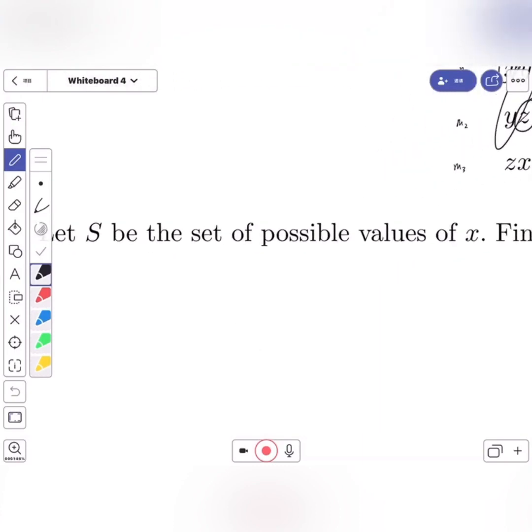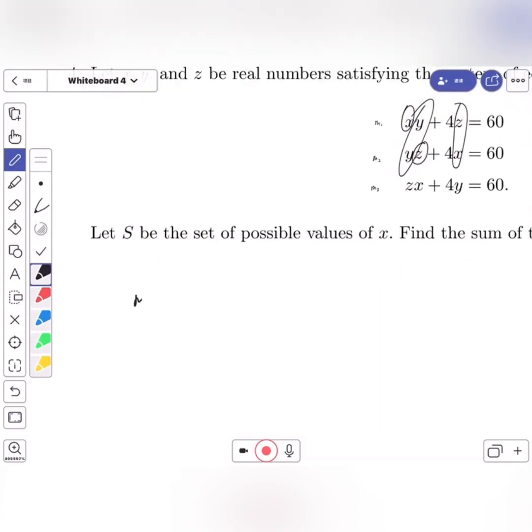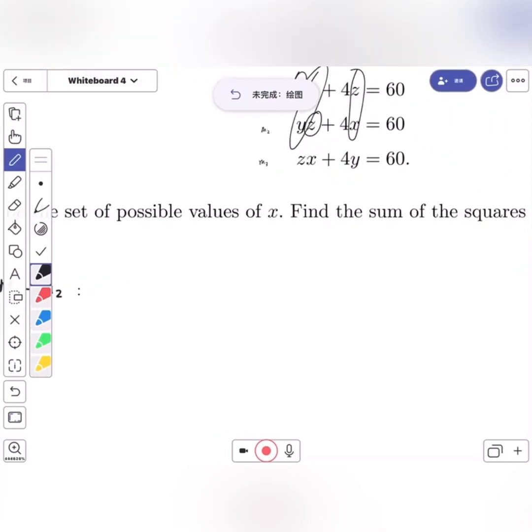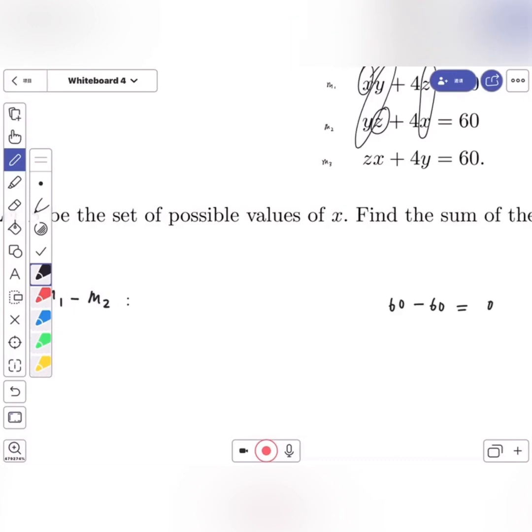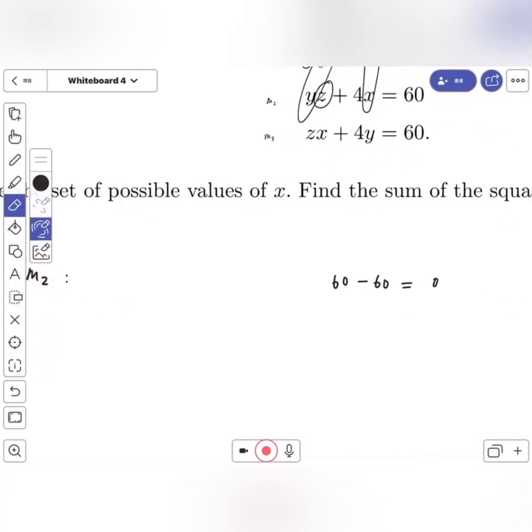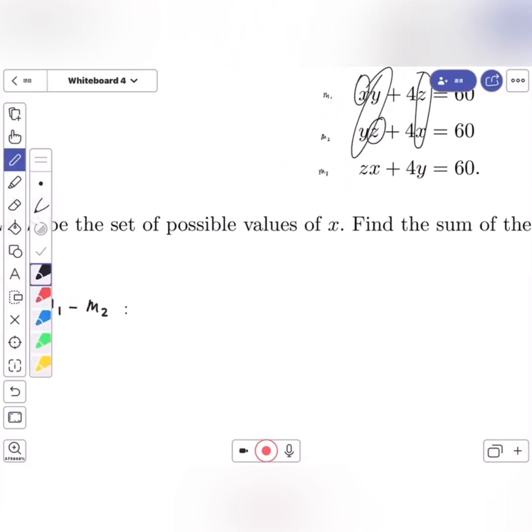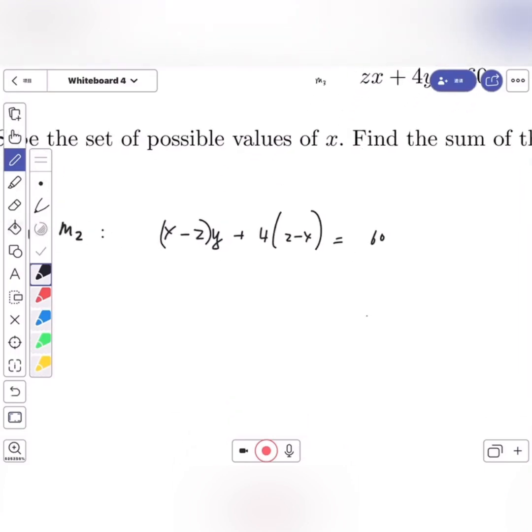So first, let's try subtracting m1 minus m2. Now we can see that 60 minus 60 is equal to 0, and the left-hand side becomes x minus z times y plus 4 times z minus x, that is equal to 0, and then we can just factor this a little bit.